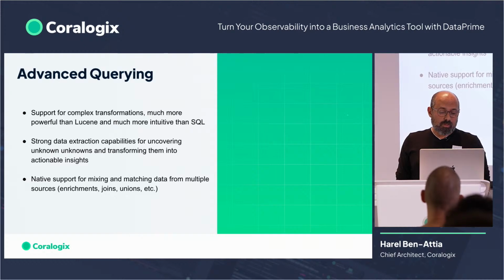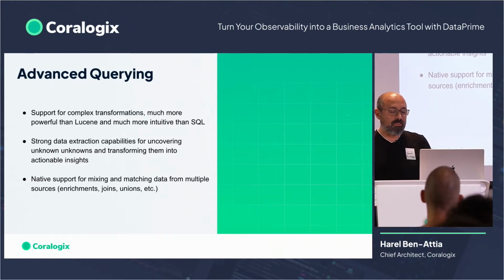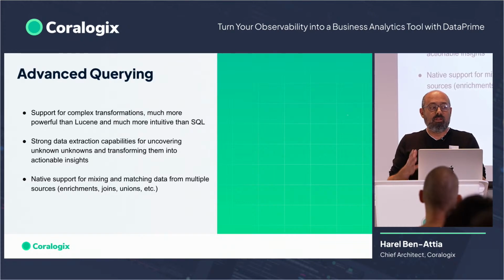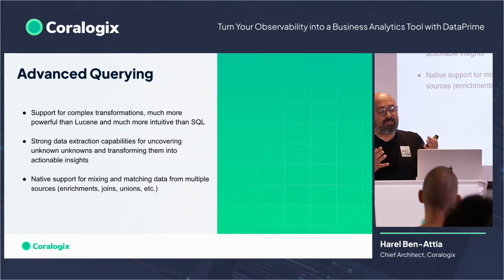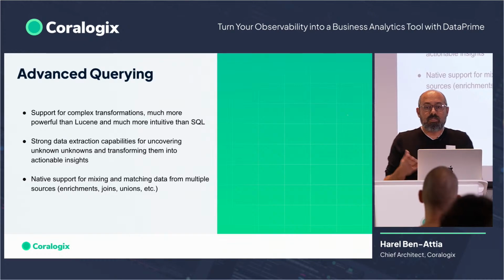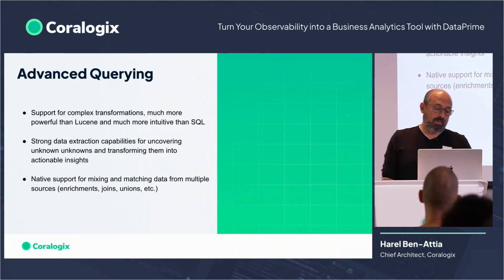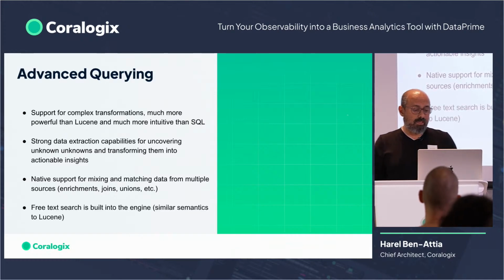Native support for enrichments, joins, and unions, mixing and matching data from multiple sources. We were, a long time ago, about 2 years ago, dealing only with logs and spans. The system and the engine itself now natively support multiple data sets. I'll talk about the features that we're building around it in the work in progress part.